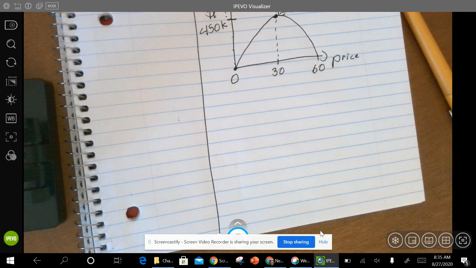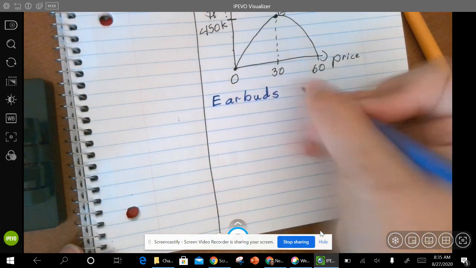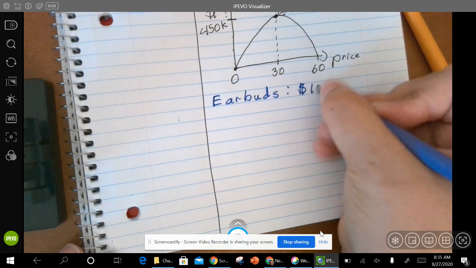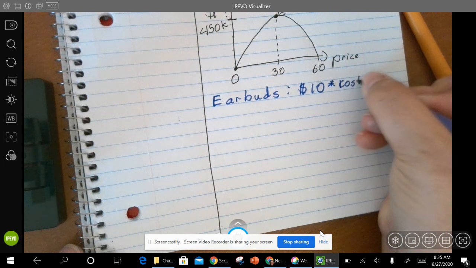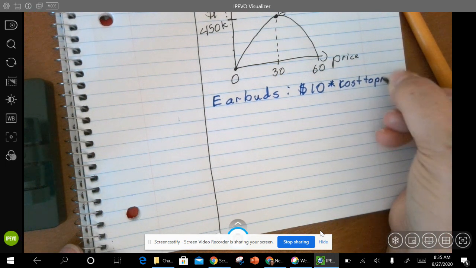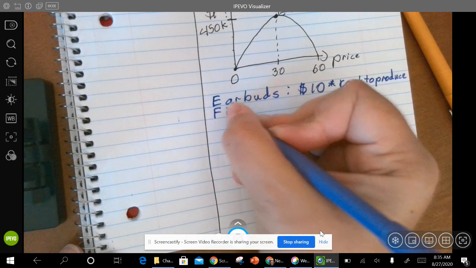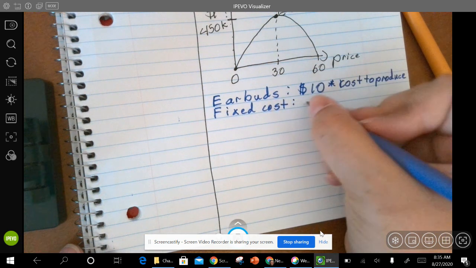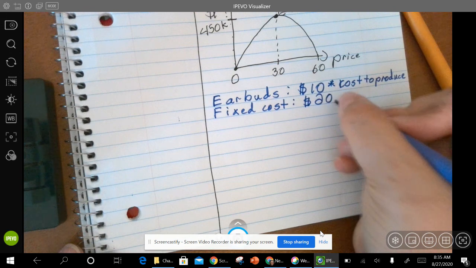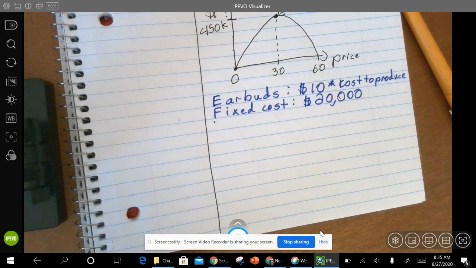Okay, so let's do another example. So say we're looking at earbuds that are $10 each. Well, $10 is the cost to produce. So that's the cost to produce one. And then our fixed cost is 20,000. And we have our demand function.